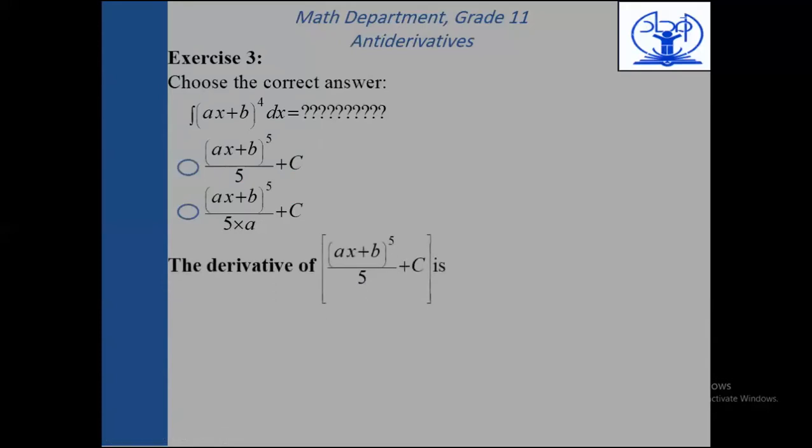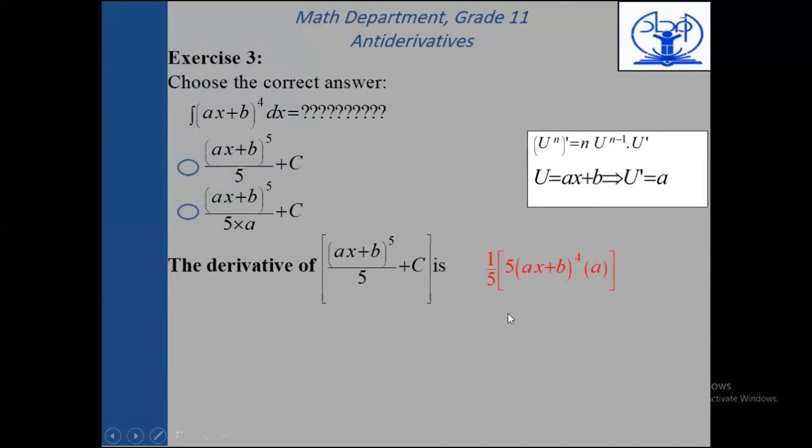The derivative of (ax plus b) all to the 5 over 5 plus c: this is u to the 5, so you drop this exponent, it will be 5 over 5, (ax plus b) to the 4 times u prime, which is a. Simplifying, this will be (ax plus b) all to the 4 times a, which is not the same as the integrand here. So this answer is incorrect because its derivative is not the same as the quantity inside.